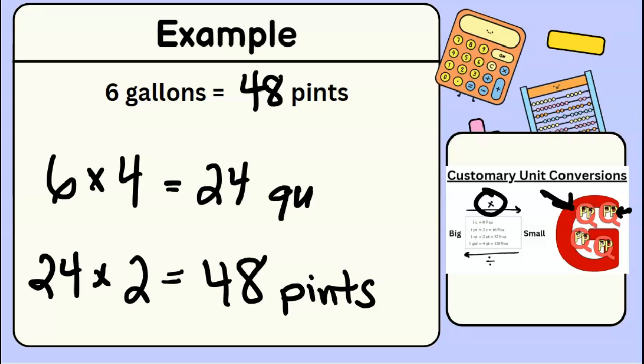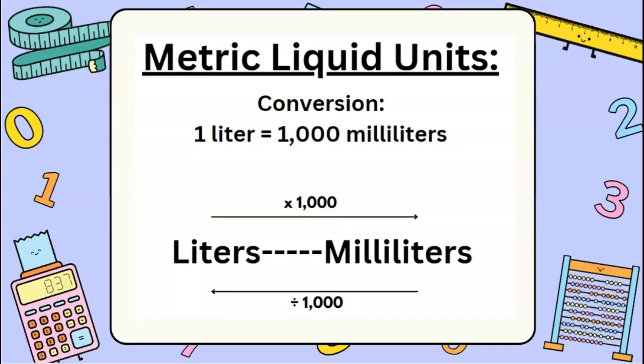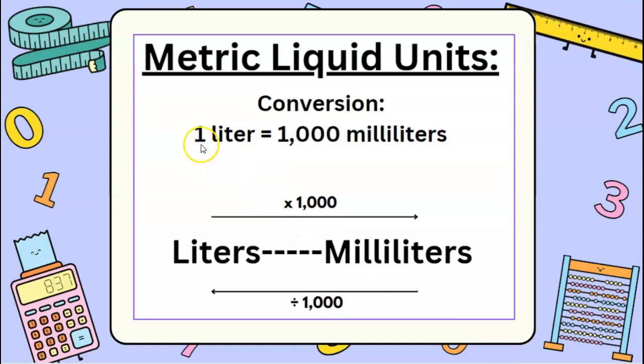So when we're converting customary, we have these special measurements that we want to keep in mind and that we're going to use. When we have metric units, it's a little bit easier because if we think back to our powers of 10 principle, we know that a lot of times we can just add zeros or get rid of zeros, move those decimal points left and right, and that's going to help us get our answer.